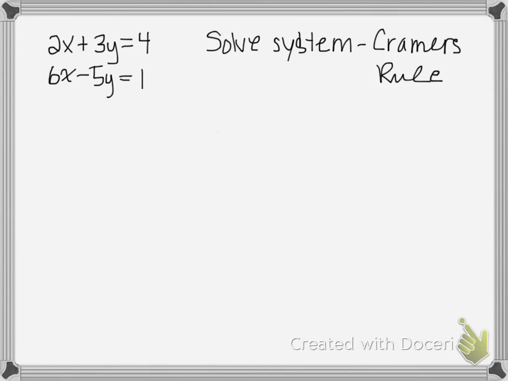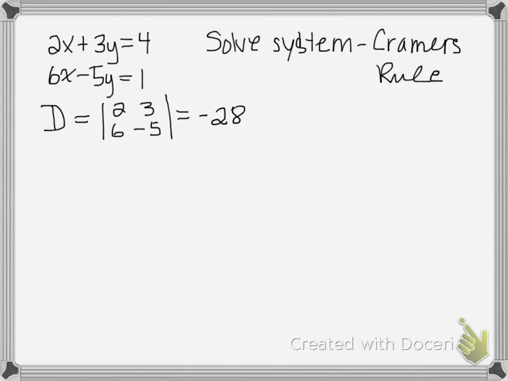So for this one, to solve with Cramer's rule, we need matrix D, and D is going to be the determinant of the coefficient matrix. So I take the coefficients only, and all right, there we have that determinant, negative 28.